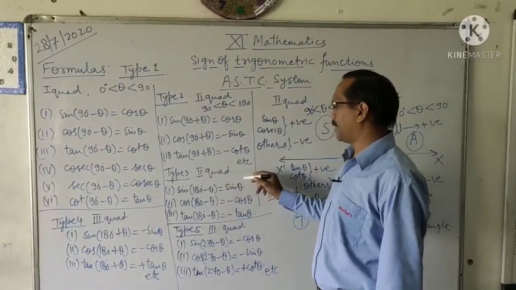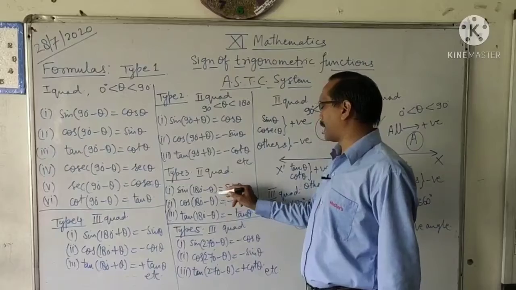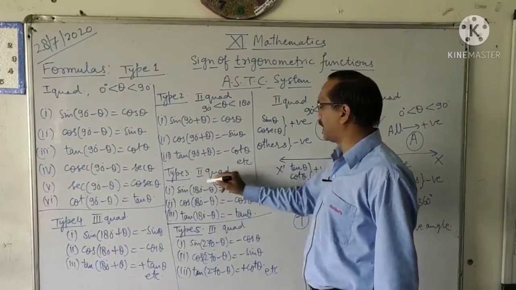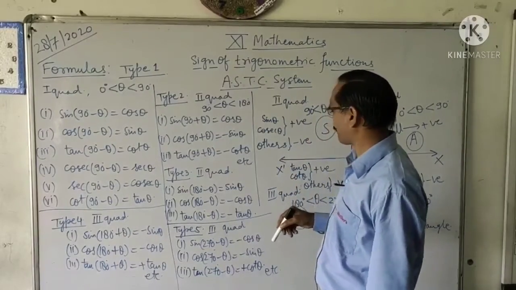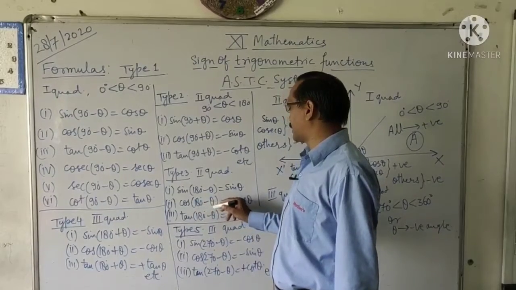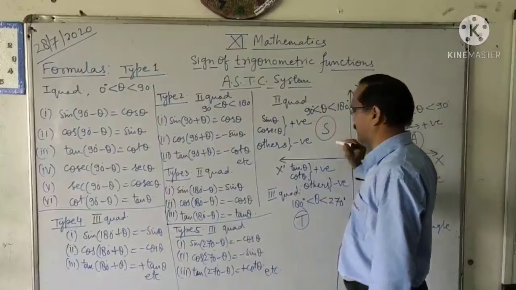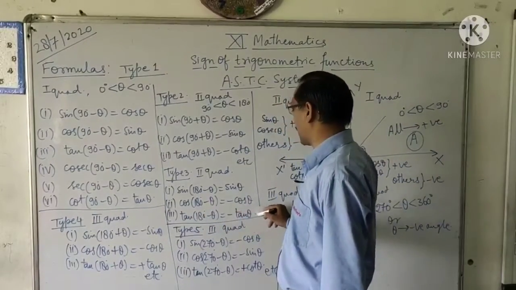Now there is type 3. In type 3, sin(180 degrees minus theta) is sin theta. Students, it is also the second quadrant and the angle is less than 180 degrees. Cos(180 degrees minus theta) is minus cos theta, because in the second quadrant cos is negative. Same, tan(180 minus theta) equals minus tan theta.